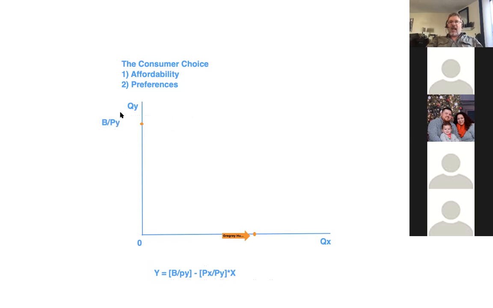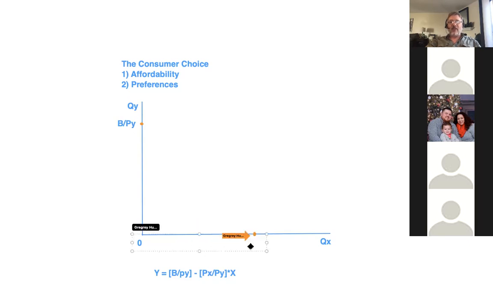And as some of you mentioned earlier, one interpretation of this value up here is that it represents the maximum amount of y that's affordable to the consumer. So if the consumer spends all of their budget on just y, then you take the budget, you divide it by py, and that's the maximum amount that they can purchase.